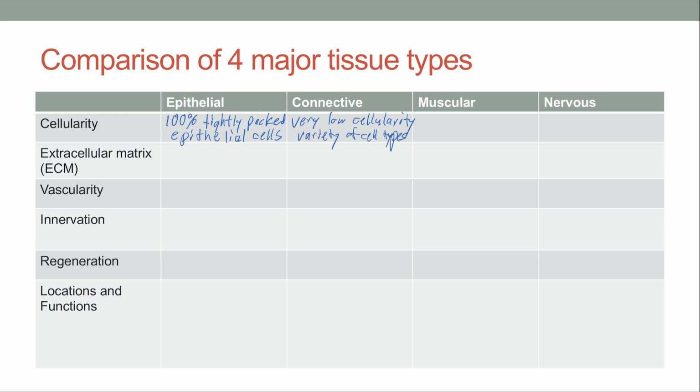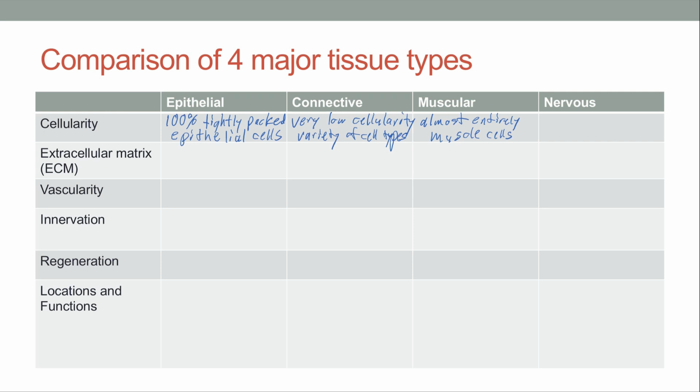Muscular tissues are made almost entirely of muscle cells, which, as we mentioned before, are cells that are capable of contracting to change their size.